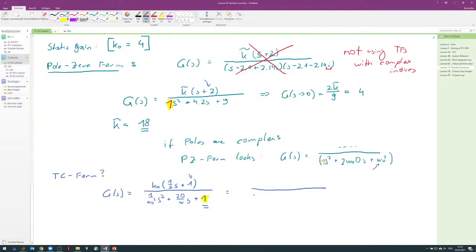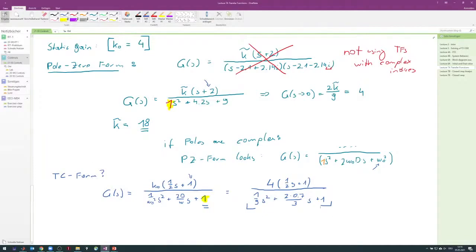So it's going to be 1 over 9 times S squared plus 2 times 0.7 over 3, whatever it is, 1.4 over 3, S plus 1. This is going to be 1 over 2S plus 1, and in our case K0 was 4, so we immediately write 4 here, right? Done.